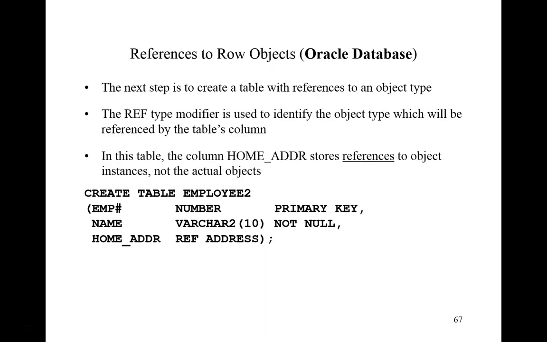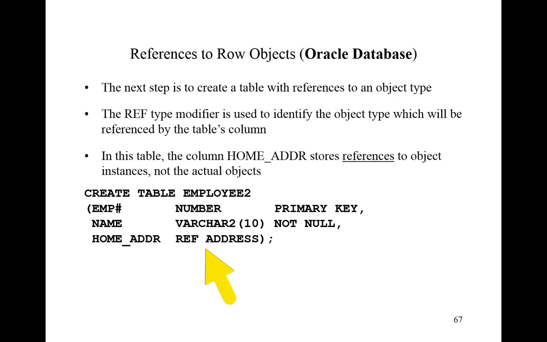So now with that framework in place, an object type exists. A typed table or object table has been defined to hold these objects. We could now create a relational table with references to the object type.